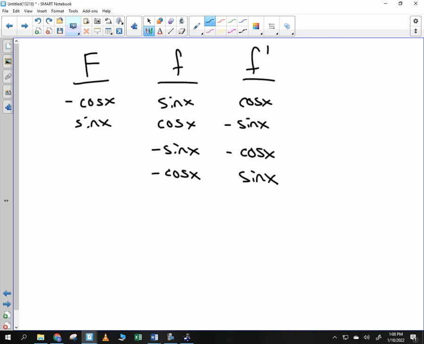The antiderivative of negative sine is cosine. The antiderivative of negative cosine is... So if that helps you, you can kind of keep track of that.